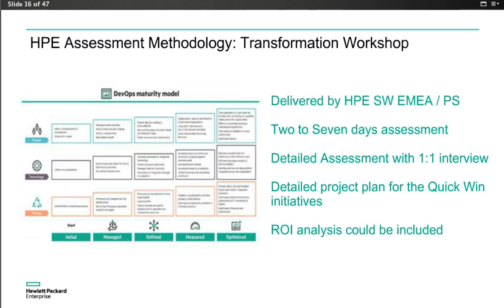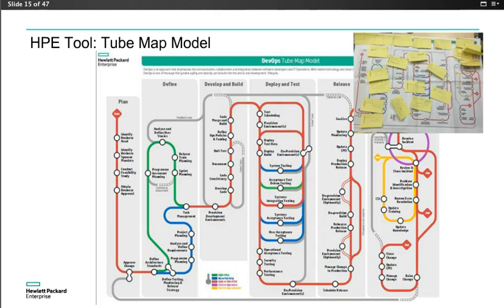I forgot to mention that one of the nice tools that I personally love is the tube map model. It helps us to draw the process that can be automated as much as possible and adopted by DevOps.